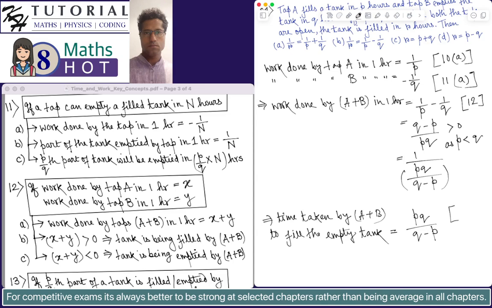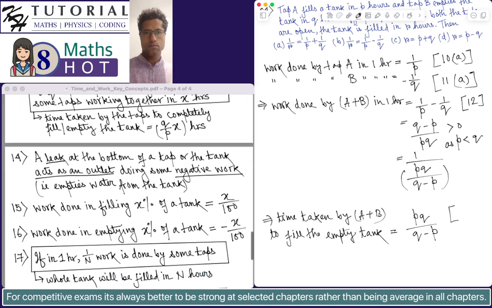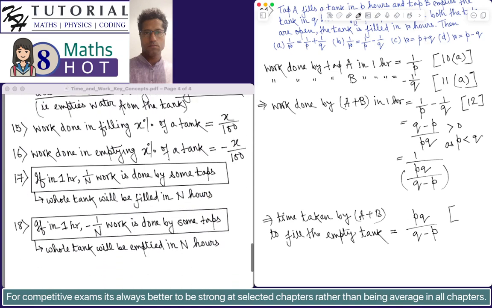Applying the concept that if in 1 hour 1 by N work is done by some taps, then the whole tank will be filled in N hours. So this is concept 17.